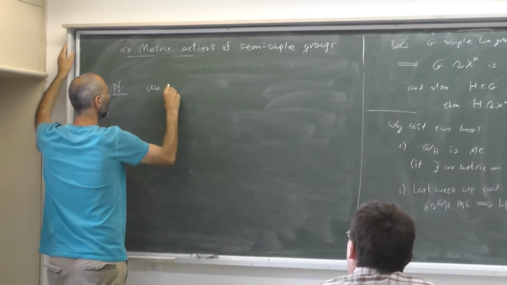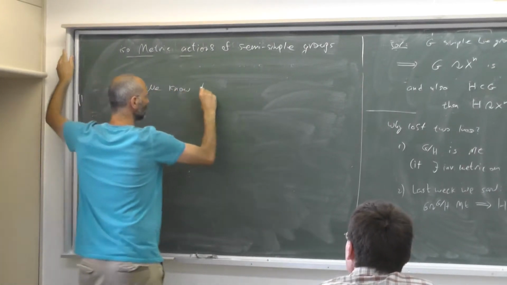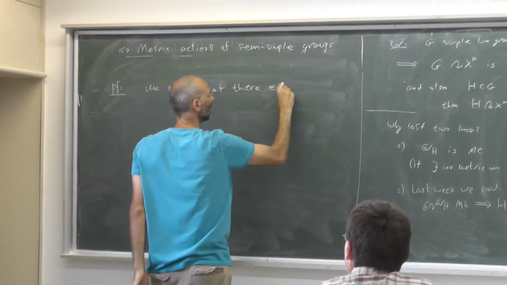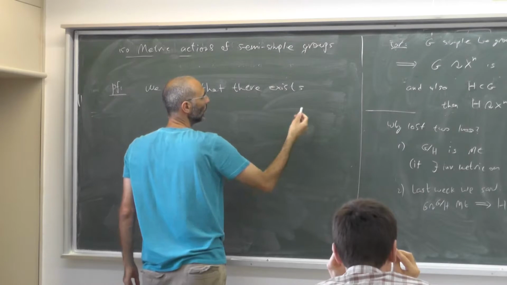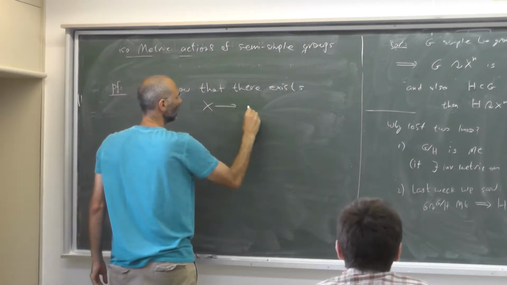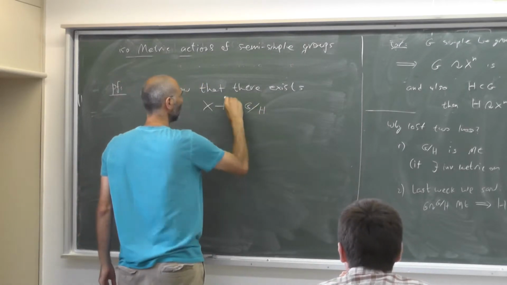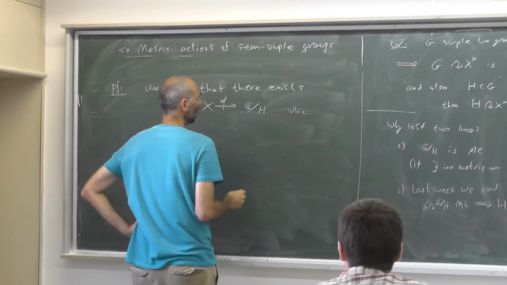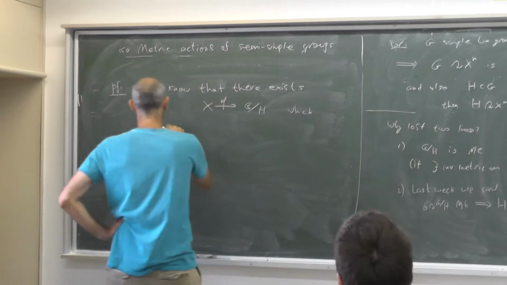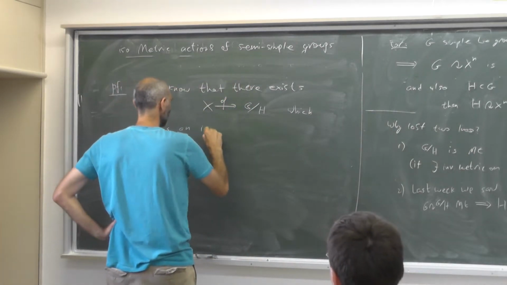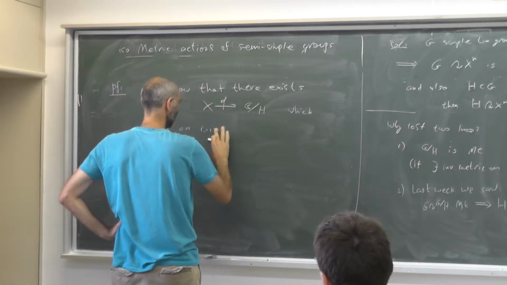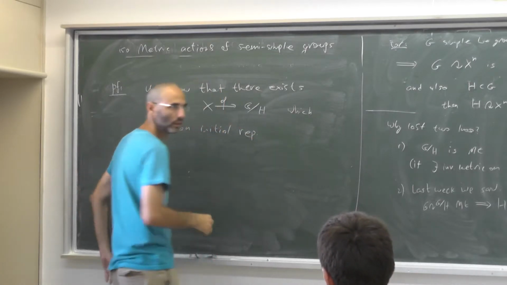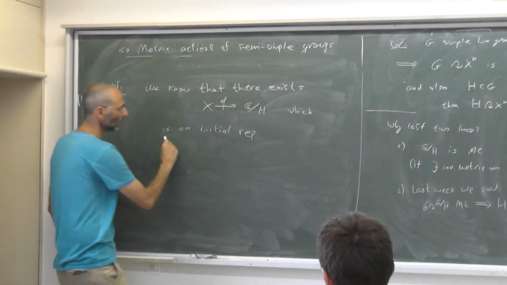We know that there exists an initial representation, an initial algebraic gate.